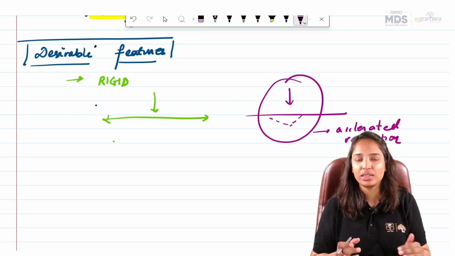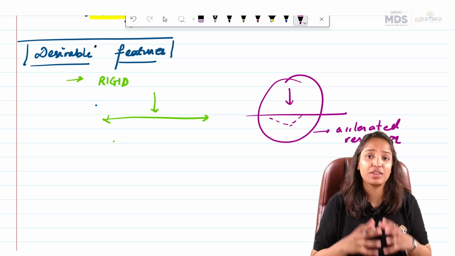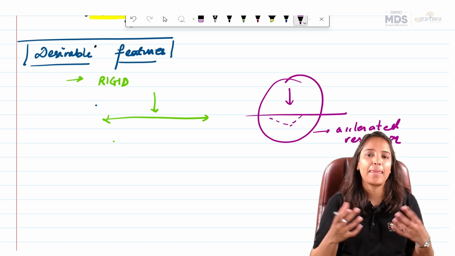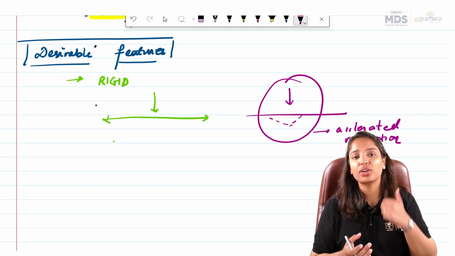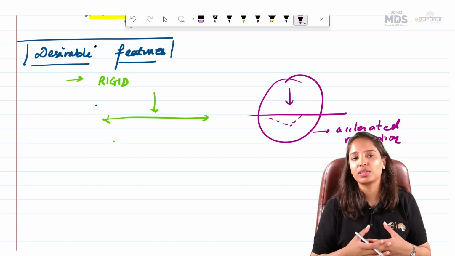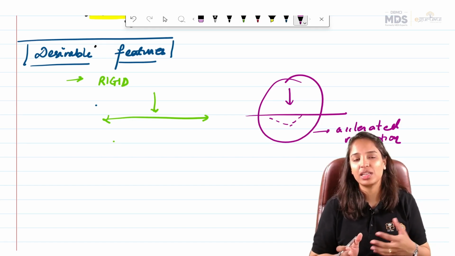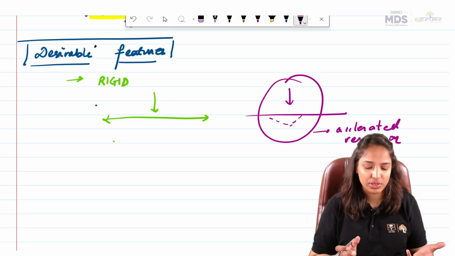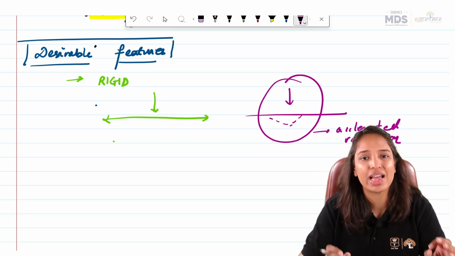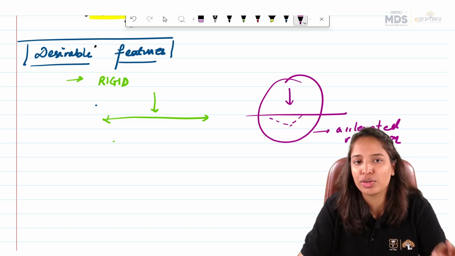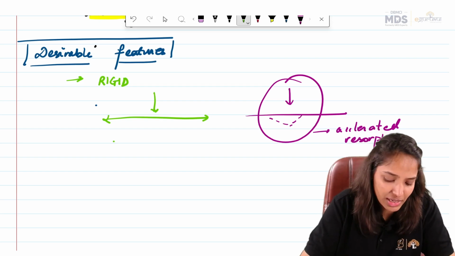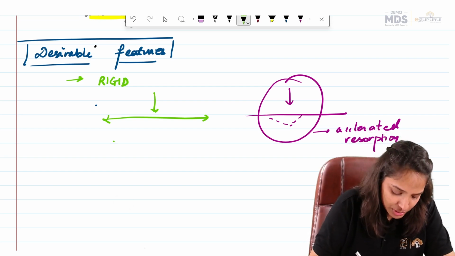That is the difference, and which is why it is said that a cast partial denture is your definitive prosthesis, because it has a metal framework that makes the substructure of the prosthesis. So rigidity is an absolutely necessary feature of a major connector, and that is the first desirable feature.